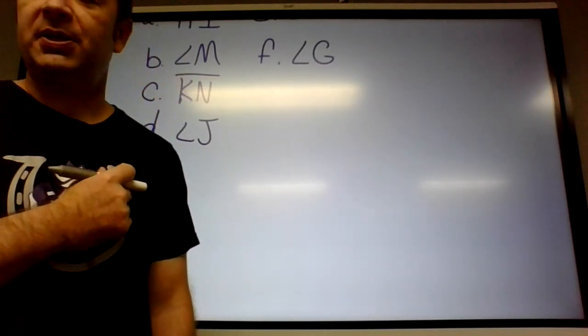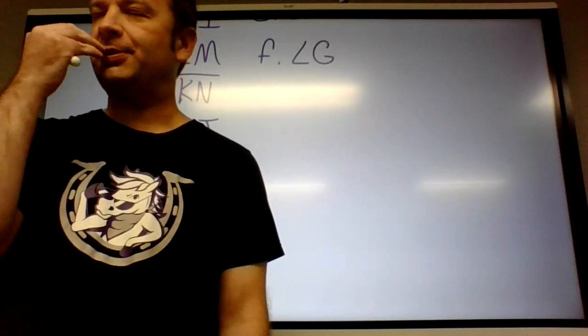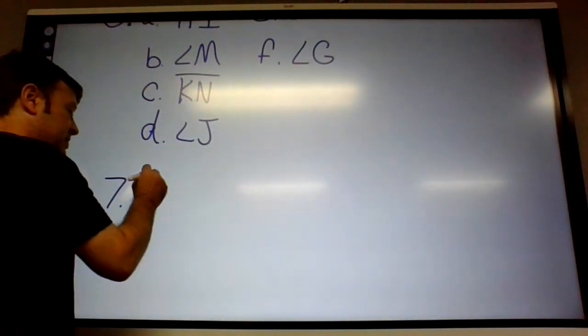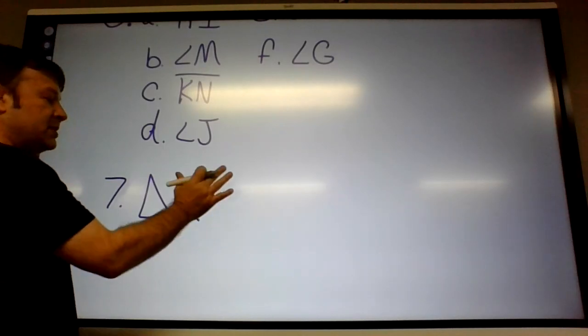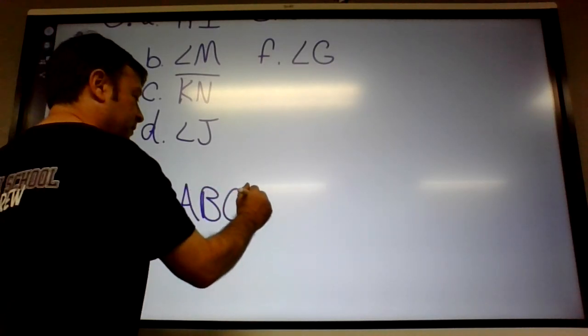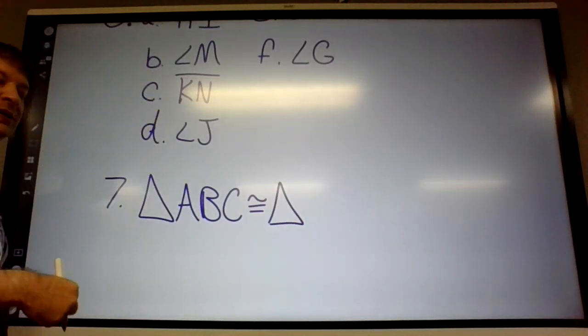All right. So, we're writing a triangle congruent statement, like triangle ABC is congruent to blah, blah, blah. You don't have to put ABC for the first triangle. You could put BAC or CBA, it doesn't really matter. But whatever you put for the first triangle, you need to make sure that the second triangle matches the order.